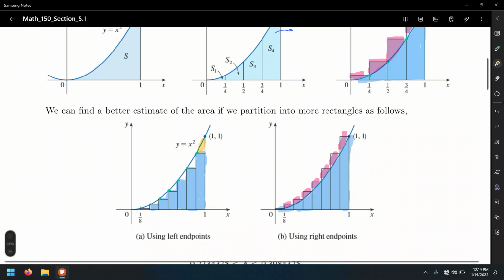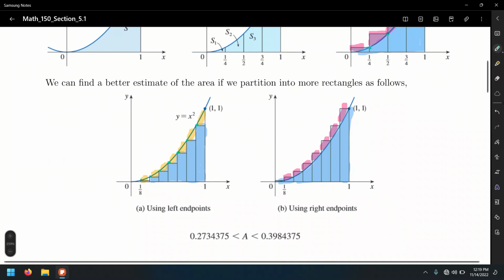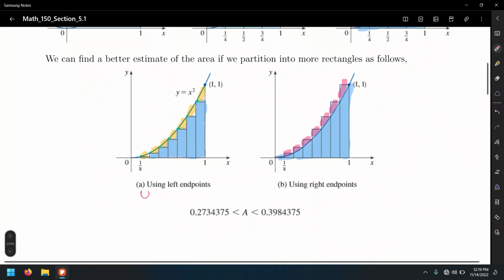These void spaces, if you want to call them that. So, comparing the areas of these rectangles versus the areas of those rectangles, the first one is going to give us an underestimate versus an overestimate.